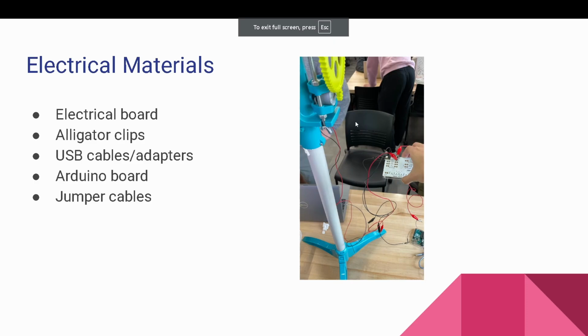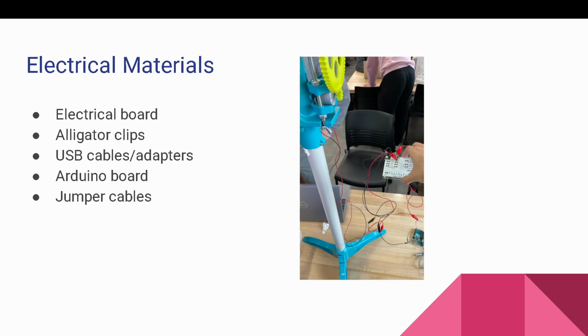So these are the electrical materials that we used for the wind turbine. We have the electrical board, which is the whiteboard as shown in this image. This basically allowed us to resist the current and the input going into the Arduino. We have our alligator clips, which connect from the whiteboard to the generator, as well as the USB cables and adapters that went into connecting the Arduino to the computer to read the power output.